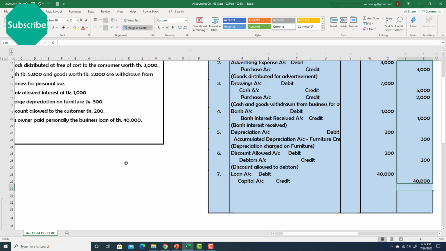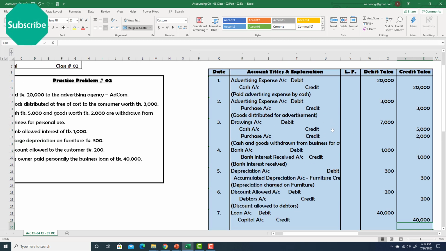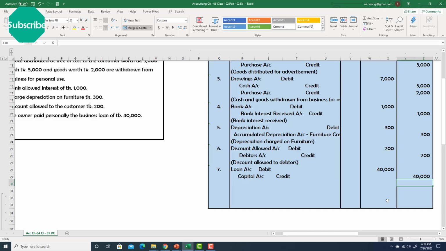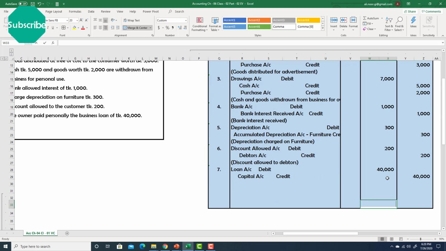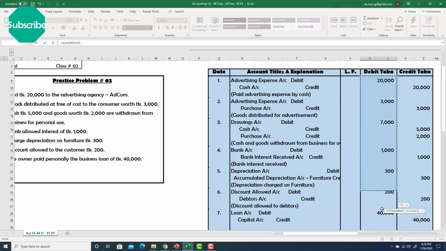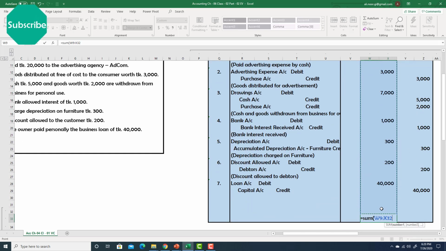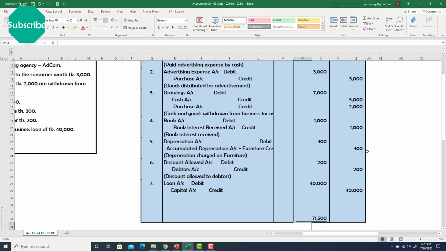Done. So we have recorded all the transactions into our journal book. Now we need to add them up. So 71,500 and 71,500.